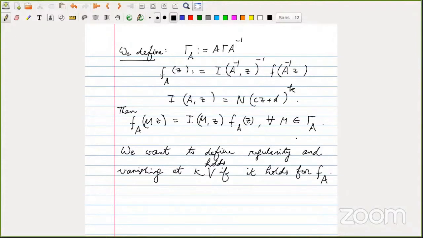I mean, there could be two matrices A and B which take kappa to infinity. So the problem is that we need to show independence of the conjugating matrix A. But let's do this calculation because we are going to use it later on.